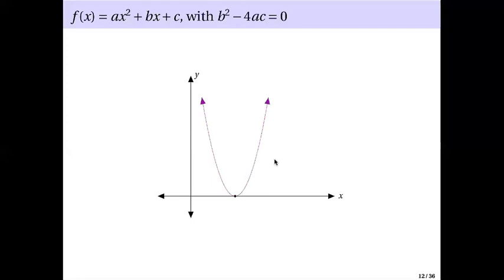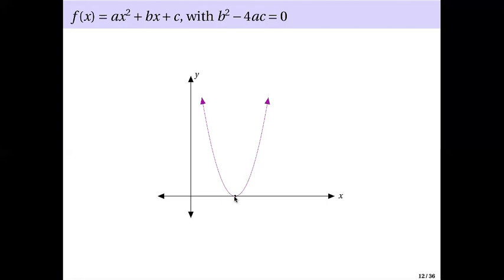So for example, this is the case where b squared minus 4ac equals 0. This is the parabola, this is your y-axis, this is your x-axis, and that's the vertex. So the parabola only touches the x-axis.